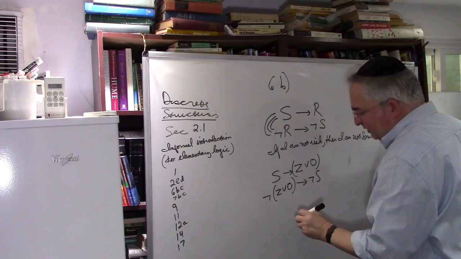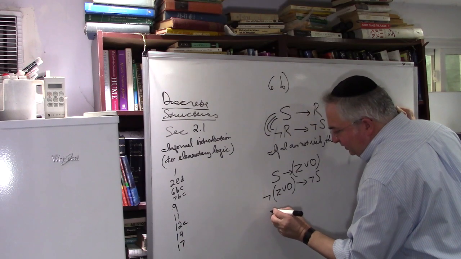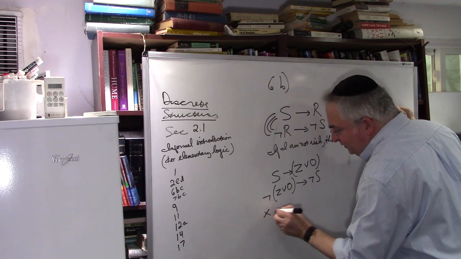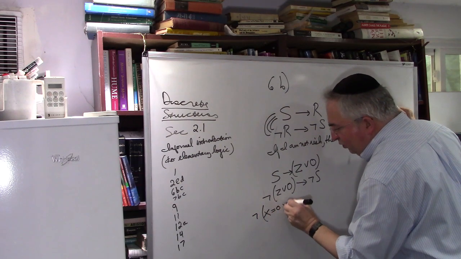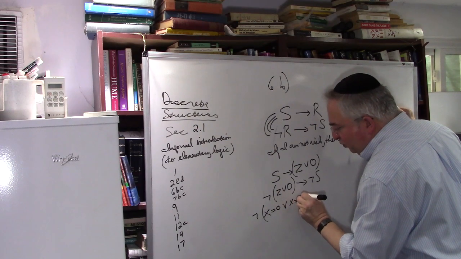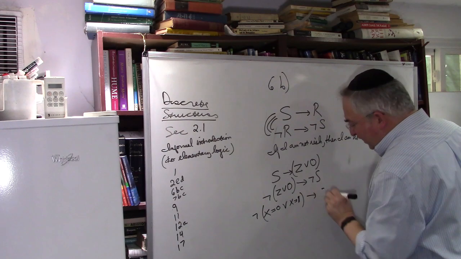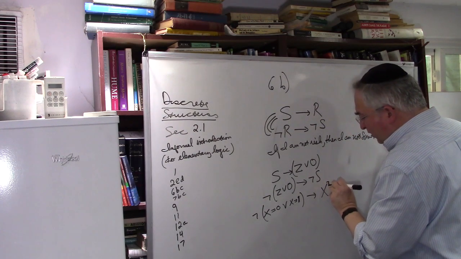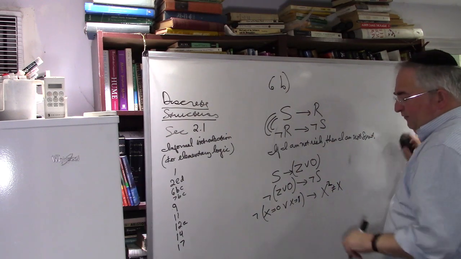Okay, so let's write this as: it's false that x is equal to 0 or x is equal to 1 implies x squared is not equal to x. Okay, we're going to fix this up.